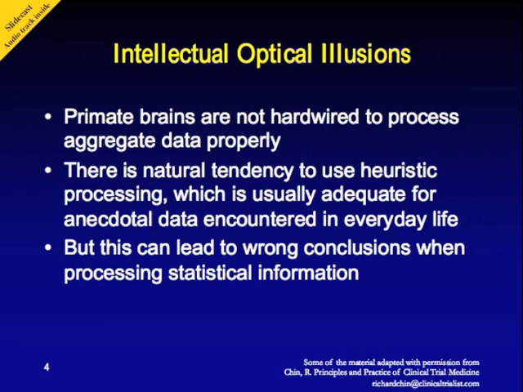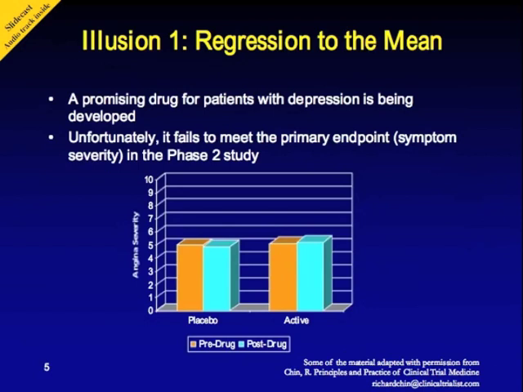So let me talk about the first optical illusion, regression to the mean. I sometimes call this the Lake Wobegon illusion because, as you probably know, Lake Wobegon is where all the women are beautiful, men are handsome, and every child is above average.